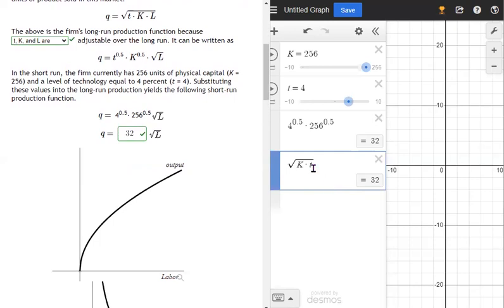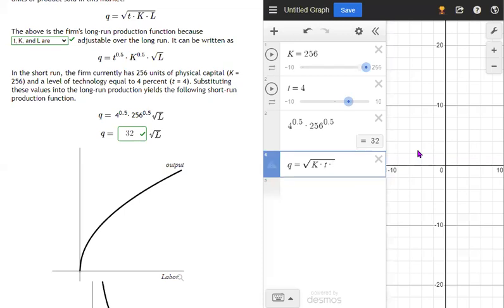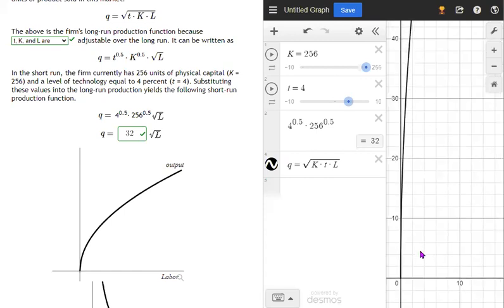Okay, so what I'm going to do now is convert this into my short-run production function. The coefficient is 32. If I include times L under the root, I get this production function.